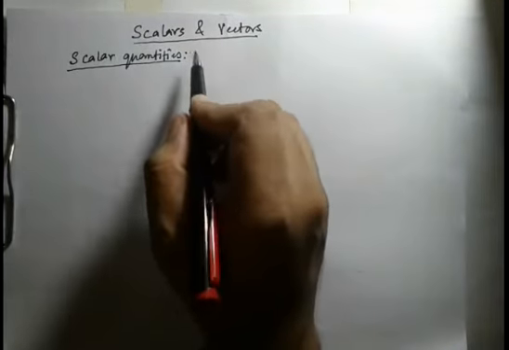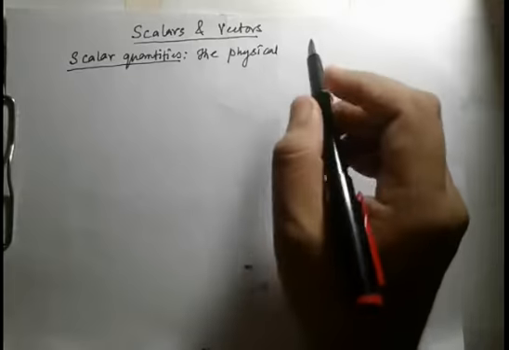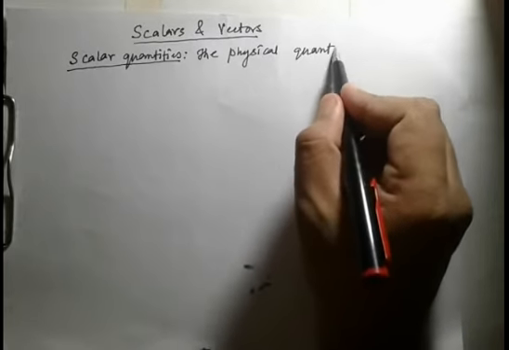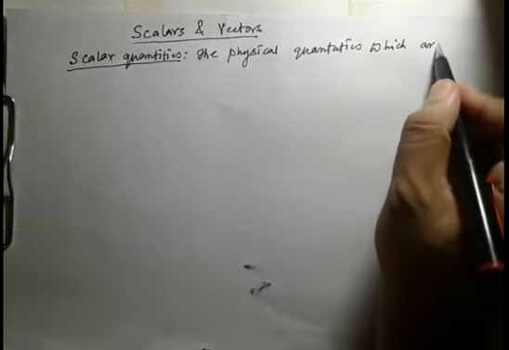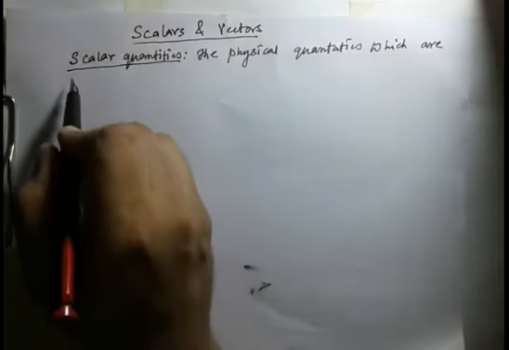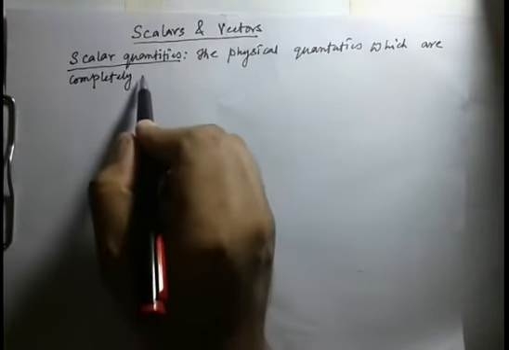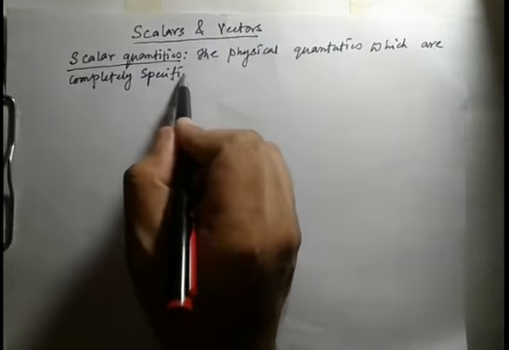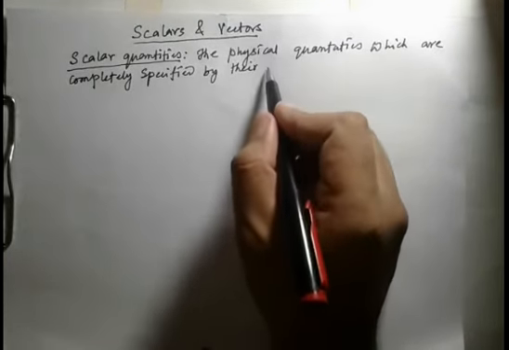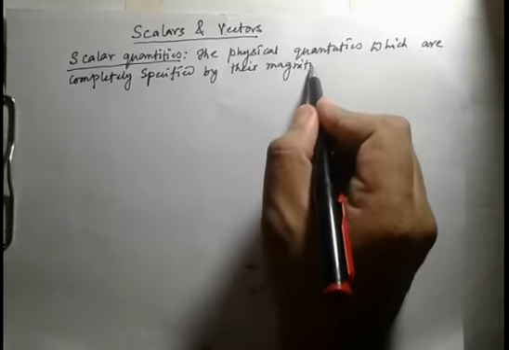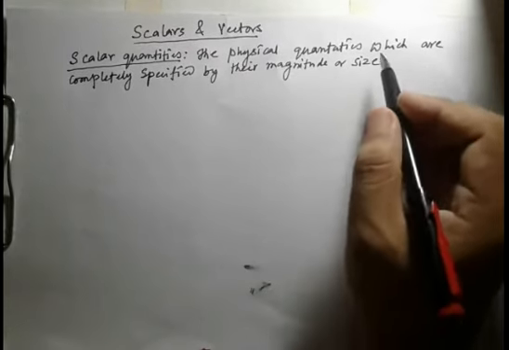So scalar quantity is the physical quantities which are completely specified by their magnitude or size alone.